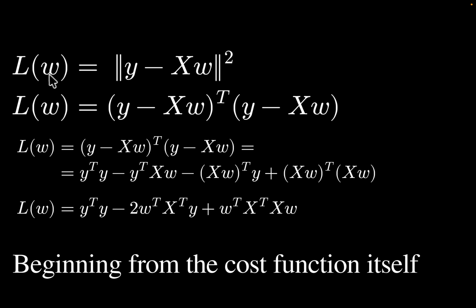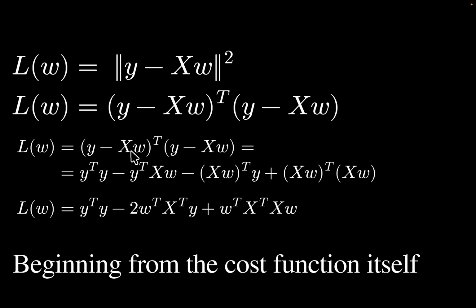Let's work a little bit with this loss function in the vectorized way without taking the derivative. We begin from the cost function itself. We say that from calculus this squared thing equals the transpose of it multiplied by itself. It's a basic formula from calculus.